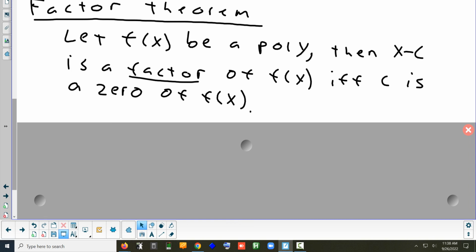Anything that you plug in and the answer comes out to 0, we call that a 0. Okay, so if you find a number that is a 0 of the polynomial and you divide by x minus that number, it will go in without a remainder and it will be a factor. Okay, that's called the factor theorem.